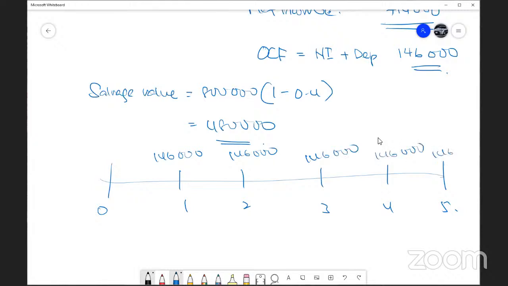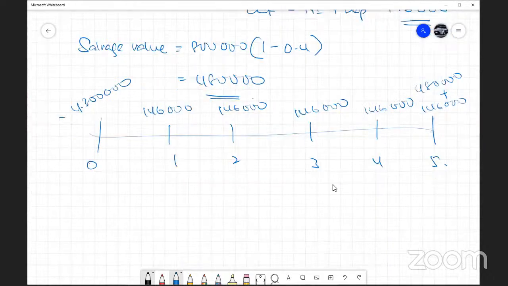On the 5th year, you're salvaging your new machine also at $480,000. The initial investment is 4.3 million. So now with this info given to you, you can calculate your NPV.